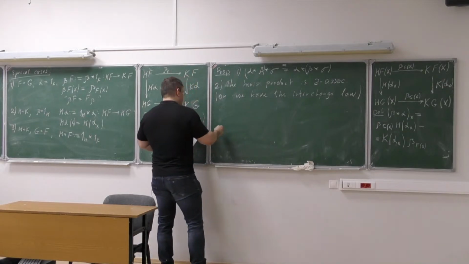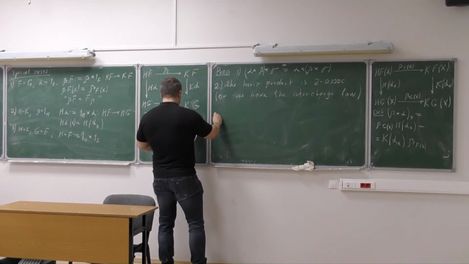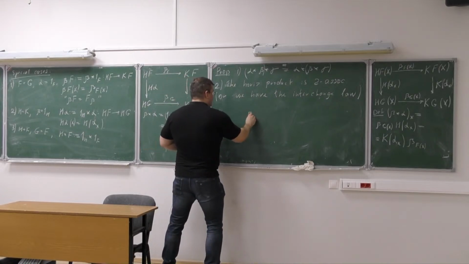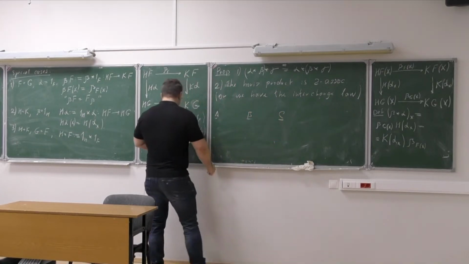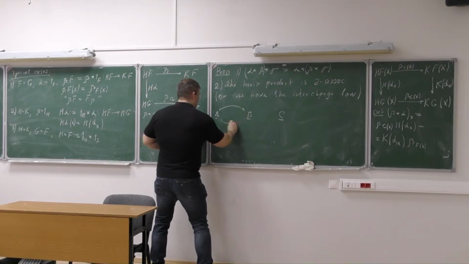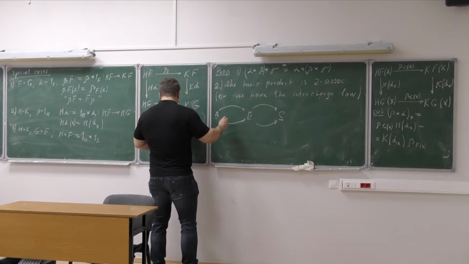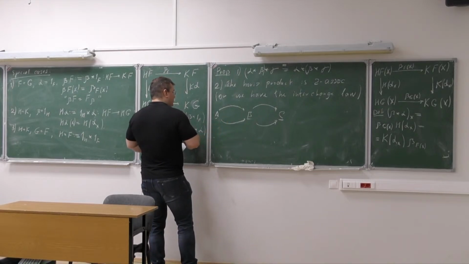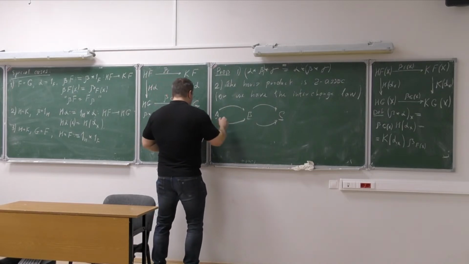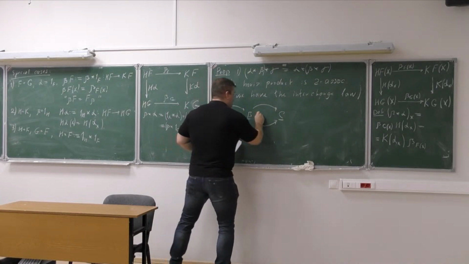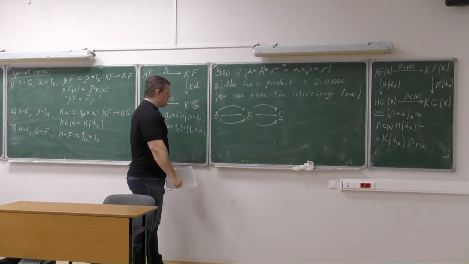Okay, so it looks like I changed my notation a little bit, but let me repeat this. I have A, B, and C. These are three categories. As before, I have functors, but now I have not just 4 functors, I have 6 functors. This is the reason why I need to change notation, otherwise I'll get too many letters.